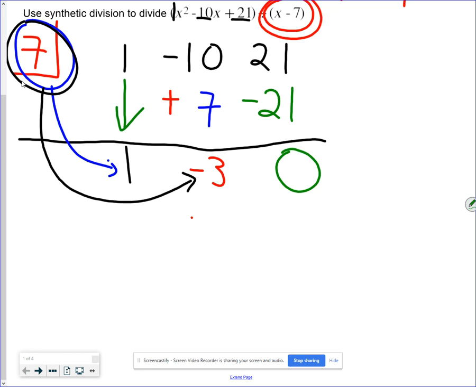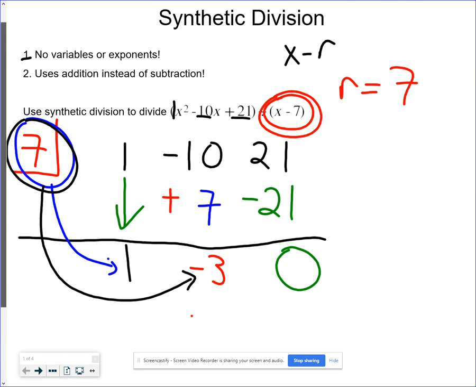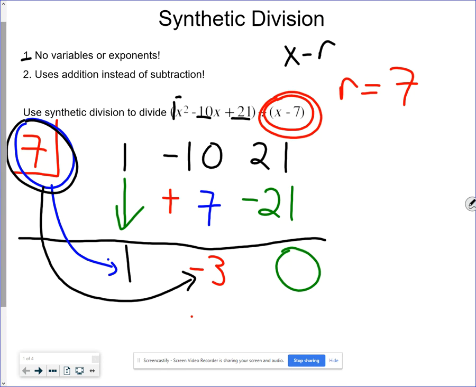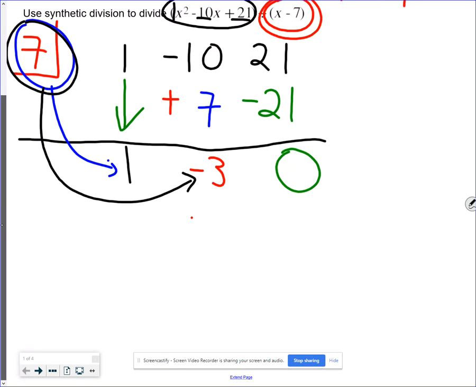So how we write our answer here, our quotient, is since we had an x squared polynomial that we were dividing, we're going to write this 1 as an x, and this negative 3 as just a negative 3.